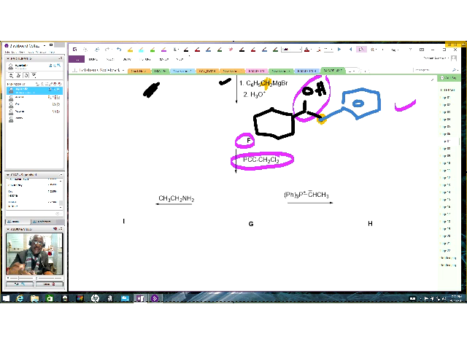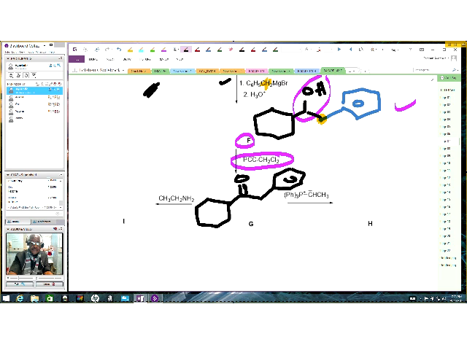We have this here. So the secondary alcohol is oxidized to a ketone, and that is compound G.